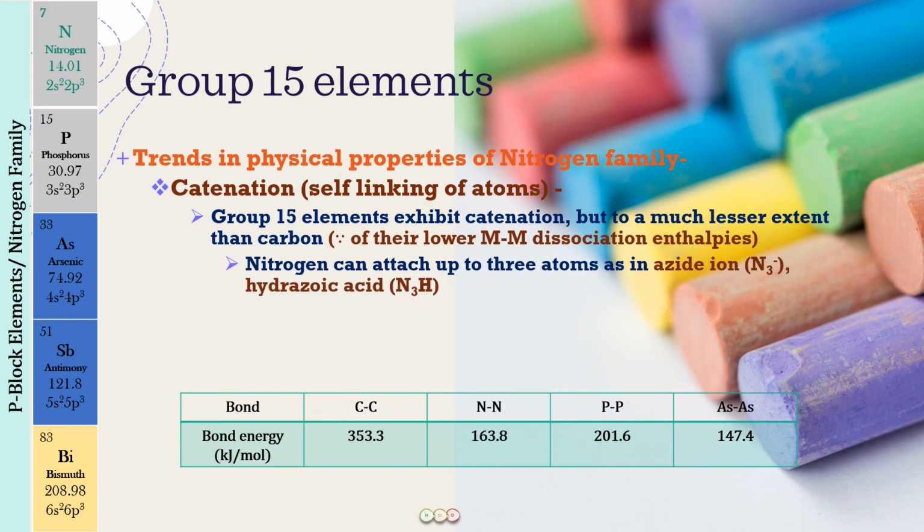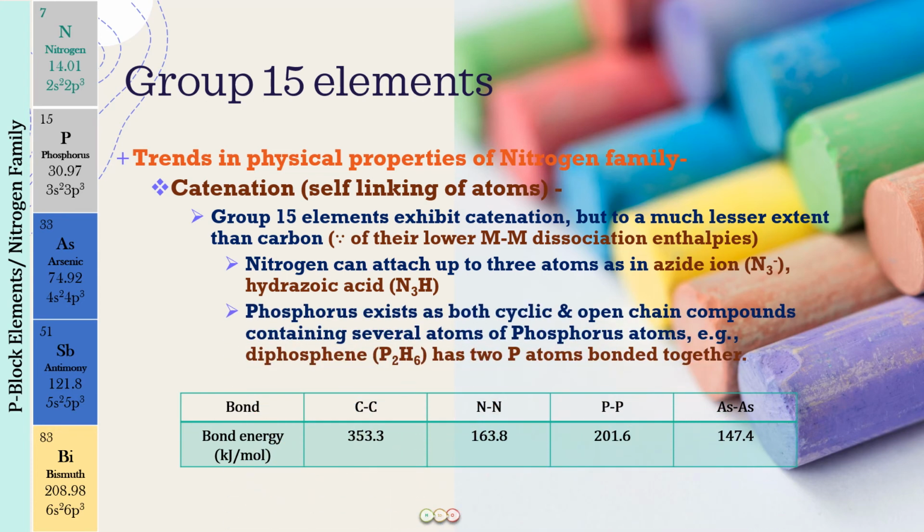Nitrogen can attach up to 3 atoms in the azide ion and hydrazoic acid, that is N3H. Here N3 has a -1 charge. And then we have phosphorus, which exists as both cyclic and open chain compounds containing several atoms of phosphorus.